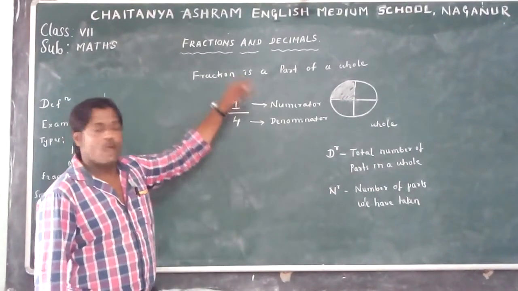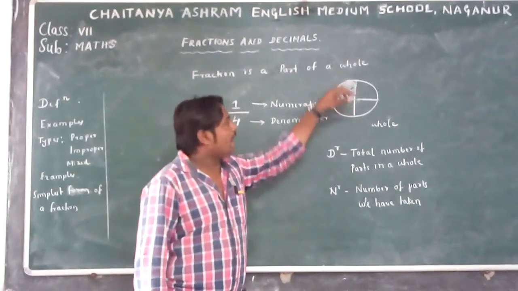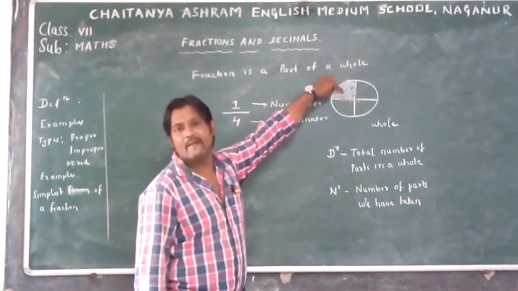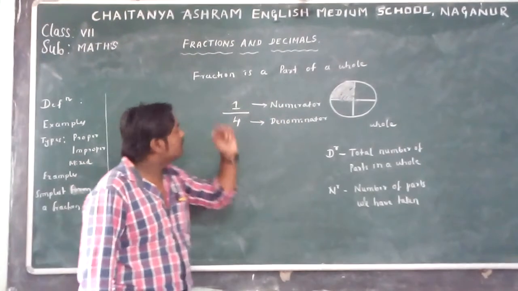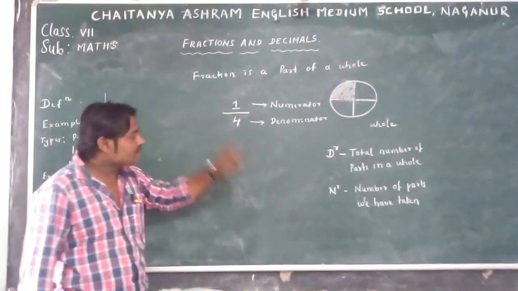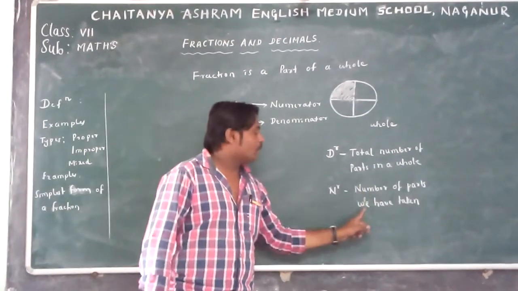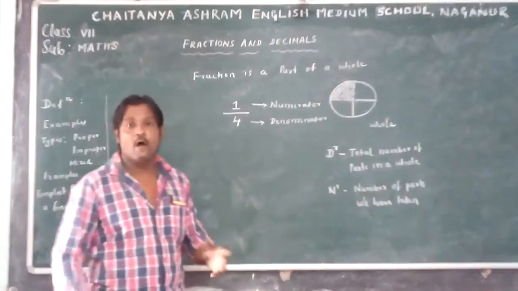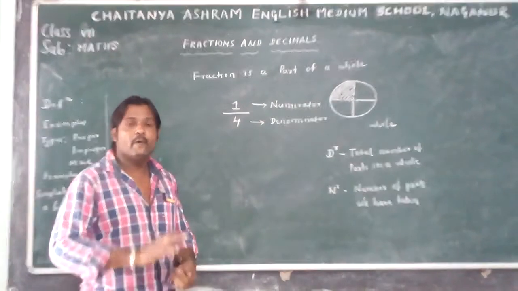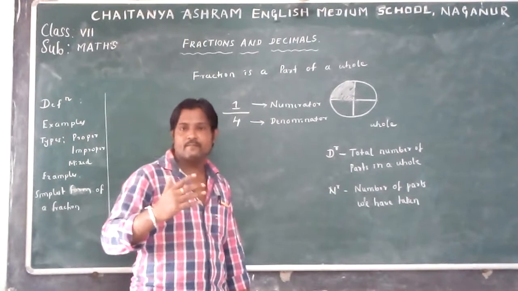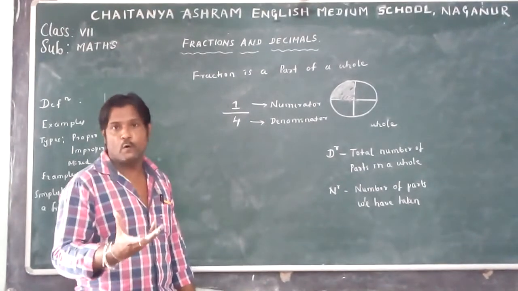Then the numerator: out of 4 parts, I shaded only one part. That we should write in the numerator. So the numerator represents the number of parts we have taken out of the whole.